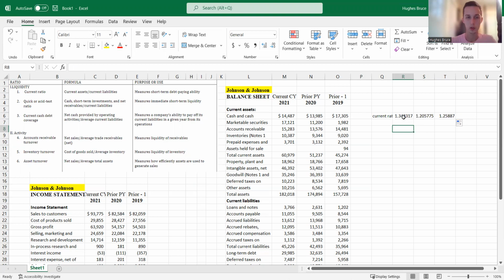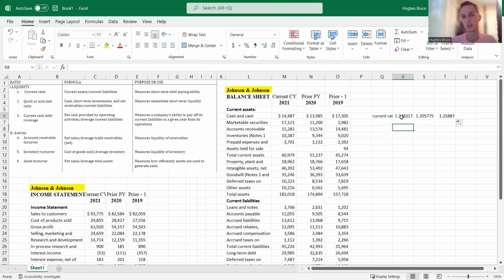So you don't really want less than 1 because then it's saying you have more current liabilities than you do current assets. So you want it over 1. So in the event of something happening in the company, you have enough current assets to cover your short-term liabilities, essentially. And that's just a quick way to measure that.